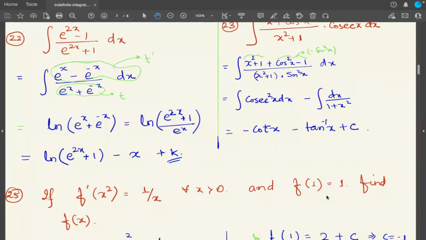We have a function of x square, not x, and it is differentiated, which is equal to 1 by x.